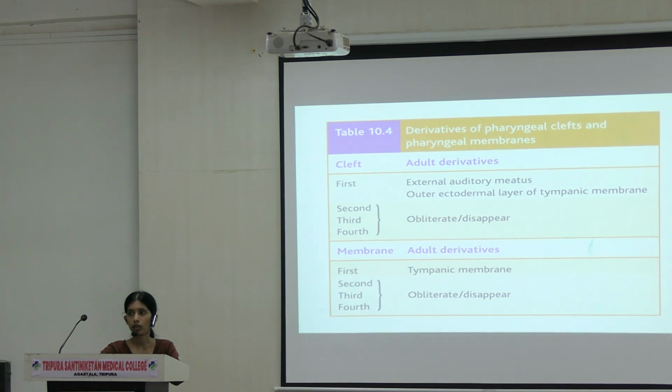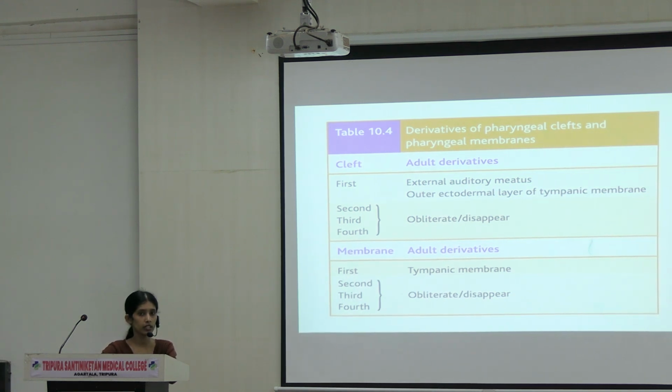What is the derivative of first pharyngeal cleft? External auditory lining, outer lining of the external auditory meatus, and one more structure, outer ectodermal layer of the tympanic membrane.